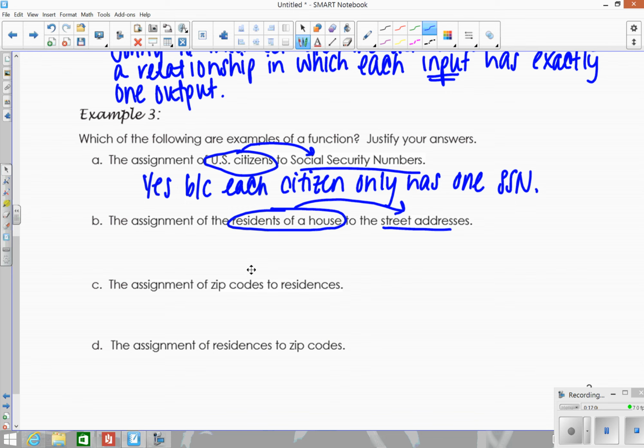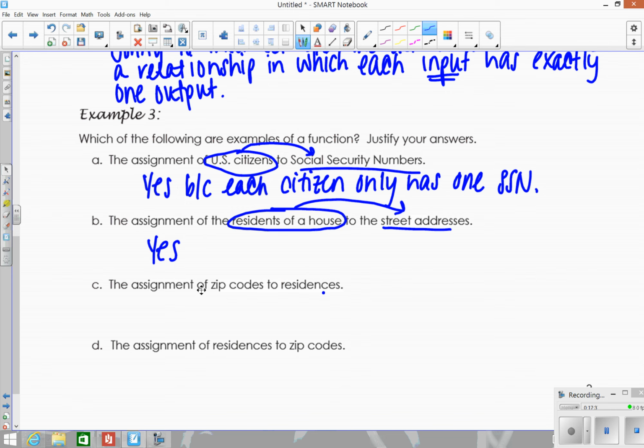Now there's situations where you could say, well, no, because some people have parents that are separated, so they might live partially with their mom, partially with their dad, so that one person might actually go to 2 street addresses. In that case, it wouldn't be a function. But I'm going to go with saying, okay, if these people live full-time in this one house, they only have one street address, which would mean it is a function. So I'm going to say yes.